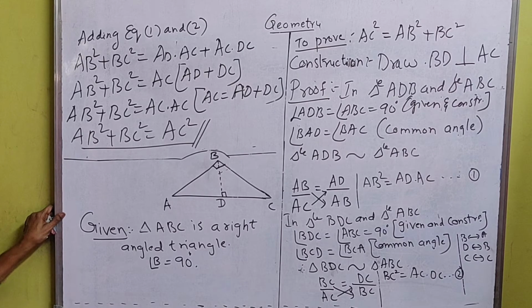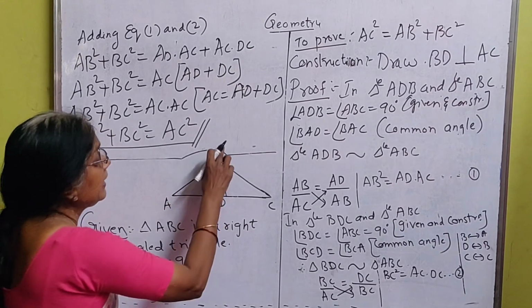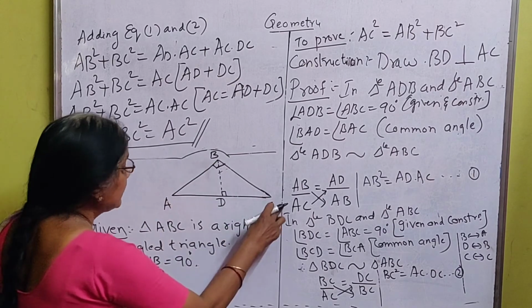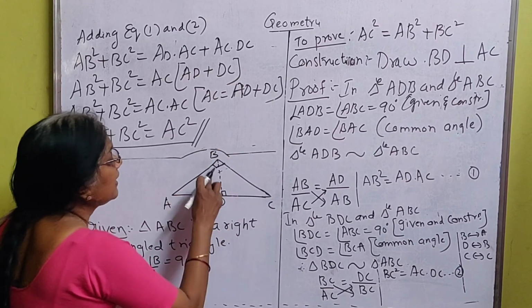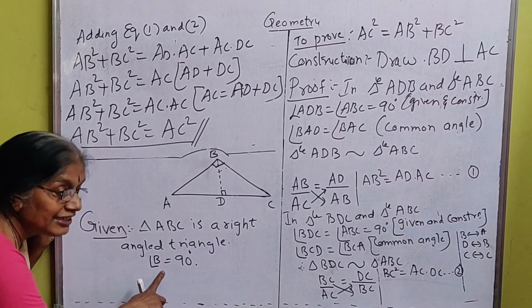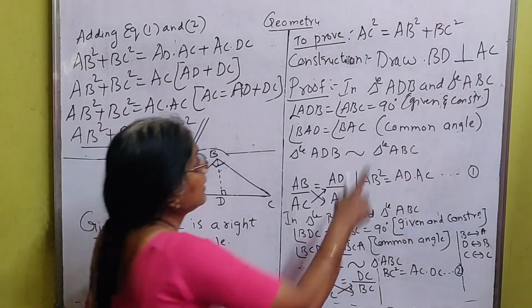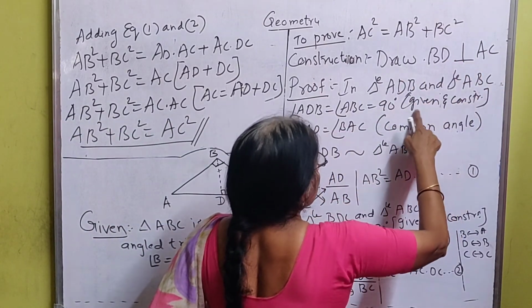Angle similarity criteria. So in triangle ADB and triangle ABC, angle ADB is equal to angle ABC is equal to 90 degree. Why? Because angle B is given as 90 degree in the given, and in the construction you have drawn BD perpendicular to AC, so angle D also became 90.